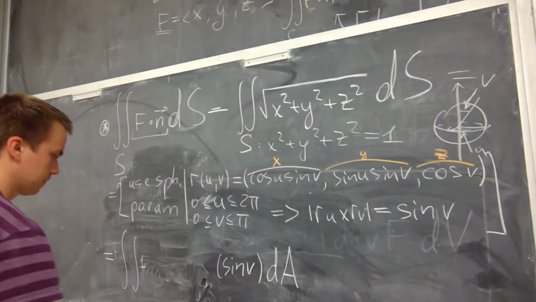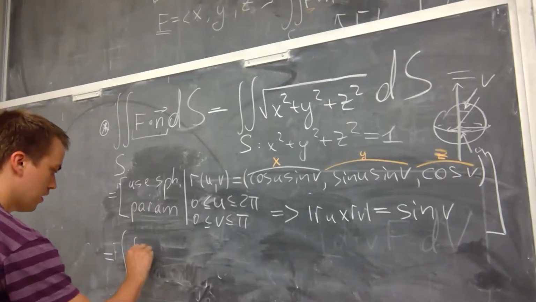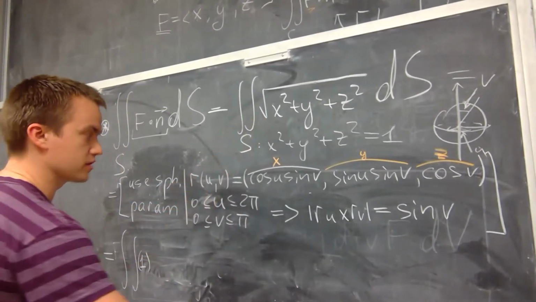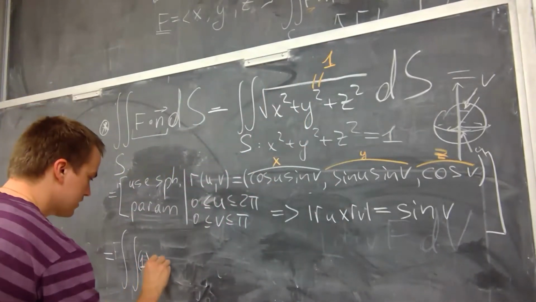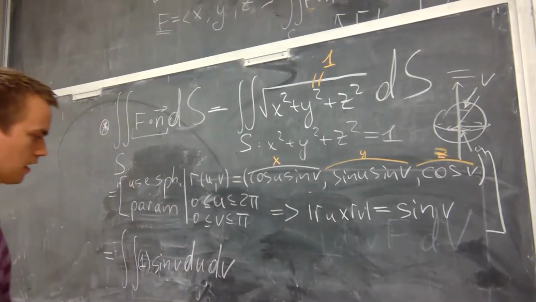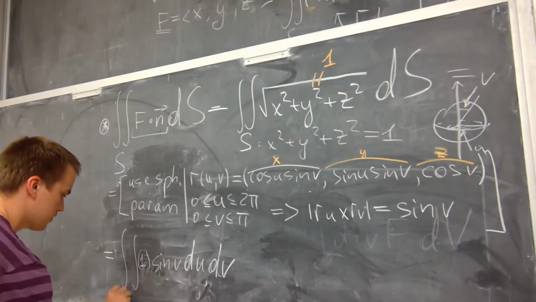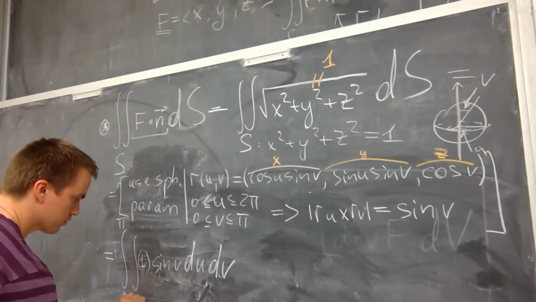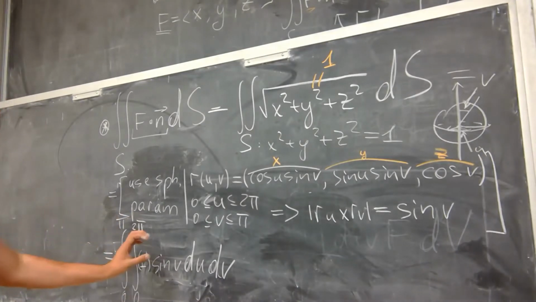So this function becomes just 1, and I will have sine v du dv. For my bounds, v changes from 0 to pi, and u changes from 0 to 2 pi. So we're going to end up with this integral, and this integral is really easy to compute.